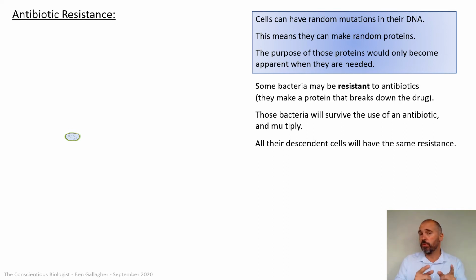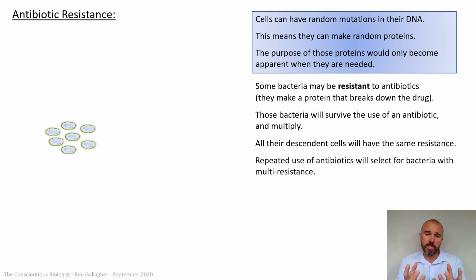But that one's now just proved it's also resistant to antibiotic B. That one has now got multiple resistance, and all of its offspring by binary fission will all have that multiple resistance to 2. If I use a third antibiotic, I might be selecting now for some that are resistant to 3 or 4 or whatever.